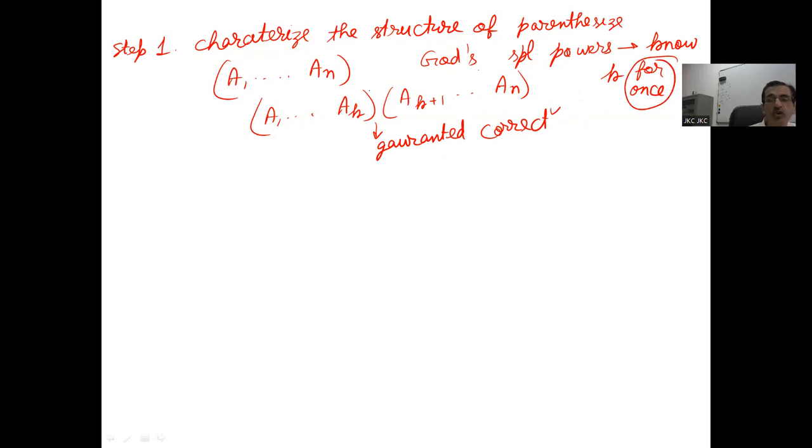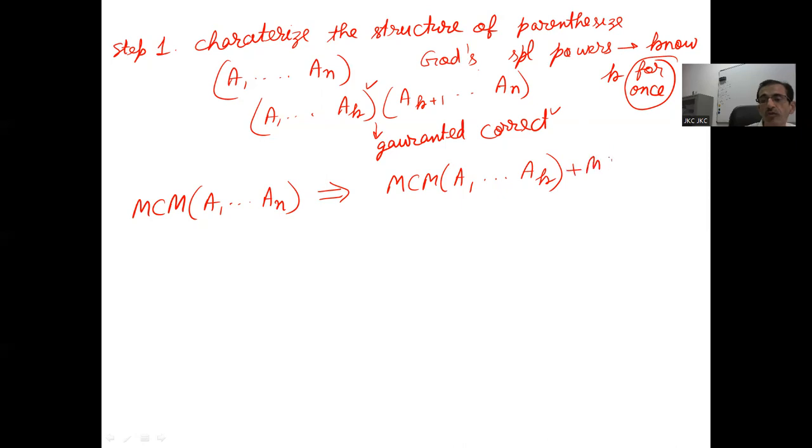So if I know that this bracket is correct, then to multiply the matrices A1 to An, I claim this is equivalent to solving A1 to AK as one group, and also the other group, K plus 1 to An.